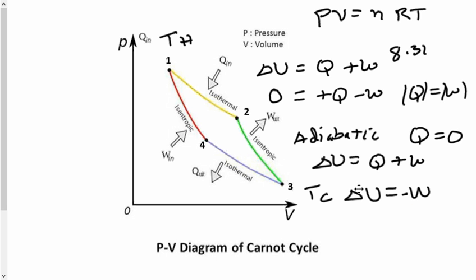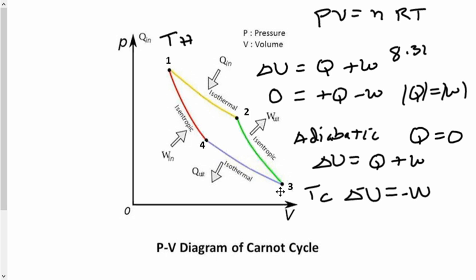Therefore delta U will be negative, and we expect temperature then to drop to temperature cold in that condition. So that's why we get a really rapid drop in temperature, because all of the work of the gas happening at this stage is coming from the internal energy of the actual gas. Therefore, its temperature has to drop.